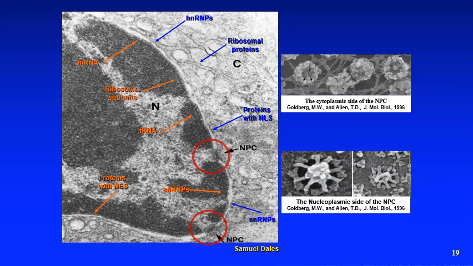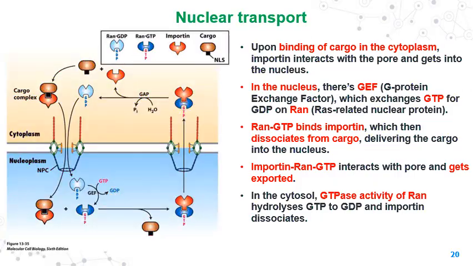All right, so these are pictures I showed before. Here is what is going on with nuclear transport. When you are going to get some cargo imported into the nucleus, the cargo doesn't go by itself. It needs adapting proteins. Let's see how that happens.